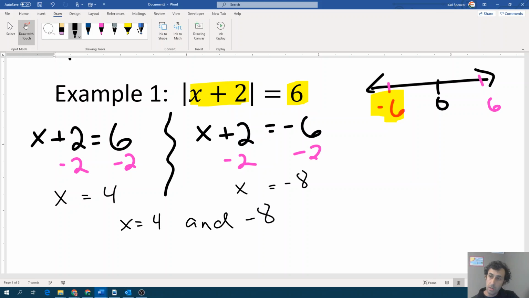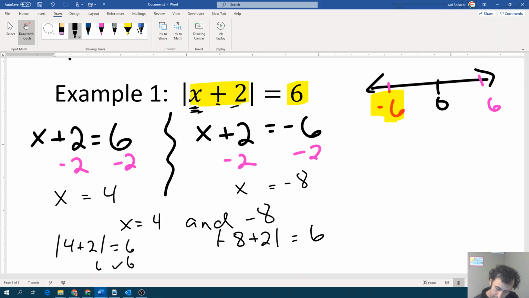And if we plug those numbers in, 4 plus 2 is indeed 6. You can try this real quick. The absolute value of 4 plus 2 is indeed 6. That is correct. And if I did -8 plus 2, absolute value, does that equal 6? Well, the absolute value of -6 does equal 6, and it checks out.